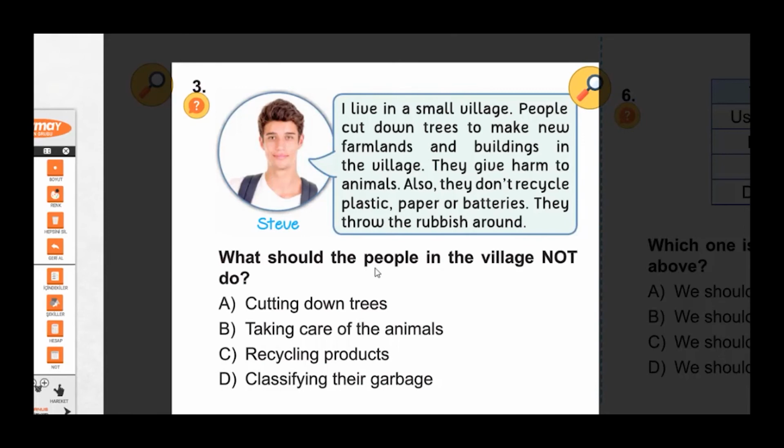What should the people in the village not do? Cutting down trees, or taking care of the animals, or recycling products, or classifying their garbage. Which one should they not do? Cutting down trees. They should not do.